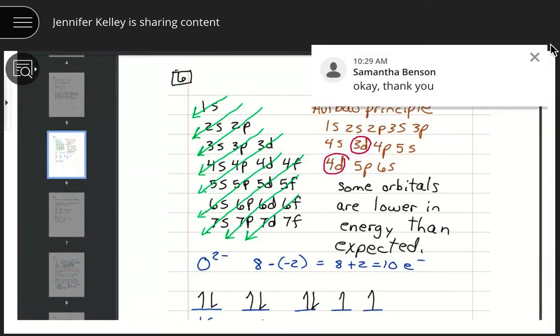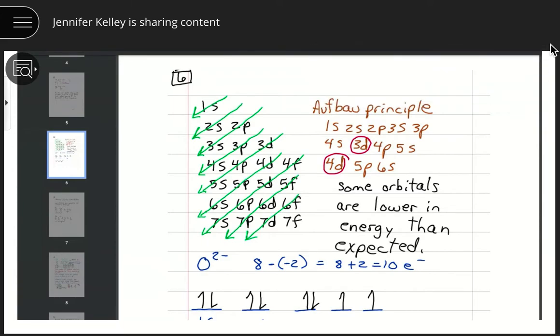So first, let's take a look at the chart again in green. Look down the first column on the left, and look at the order of the numbers. It just goes 1, 2, 3, 4, 5, 6, 7. And the letters are all the same in the first column.